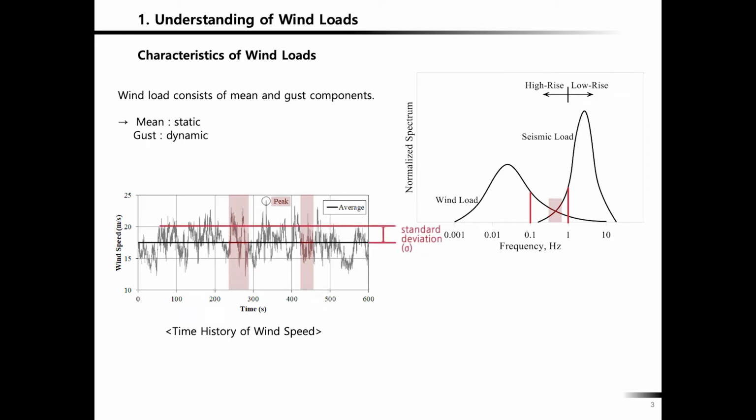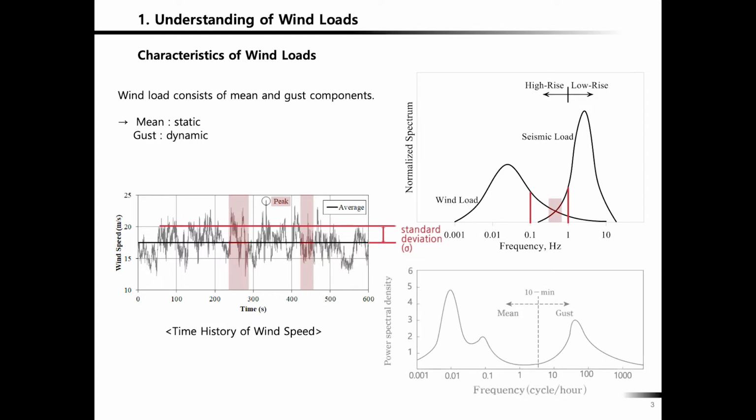I don't know the value, say that's sigma. And the energy content in this range is going to be the same as sigma squared. Okay, so that's the power spectral density's characteristic.